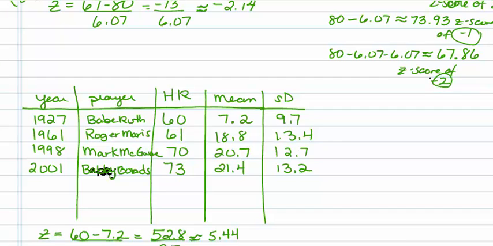Roger Maris got a 61, but people around were doing a little bit better. The mean average was 18.8 for home runs for all the players, and the standard deviation is 13.4. I'm going to work on this in a calculator. So I got about 3.14 when I was calculating this one.